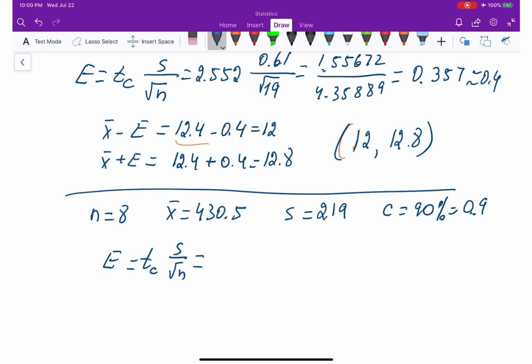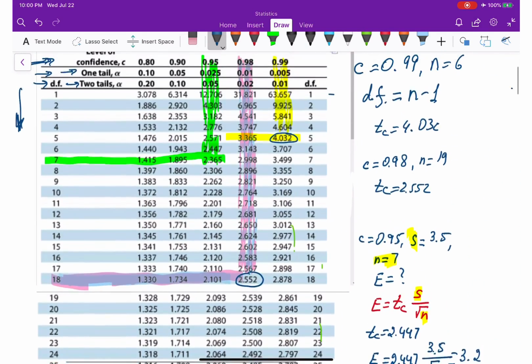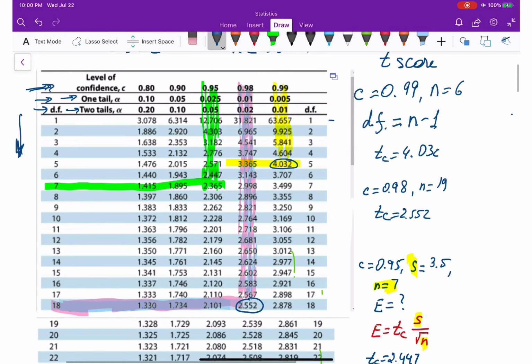So t critical is going to be 0.9 confidence level, and degree of freedom is going to be 7. Here is 0.9, and coming down to 7: 1.895.